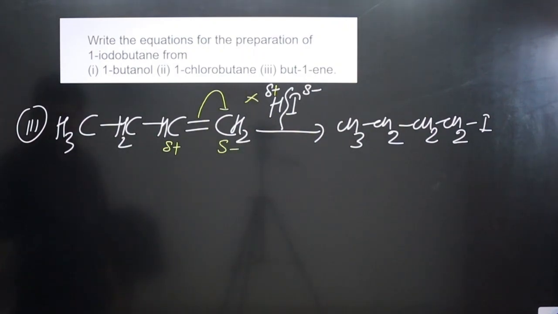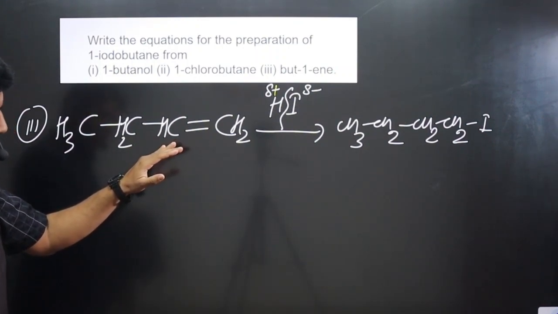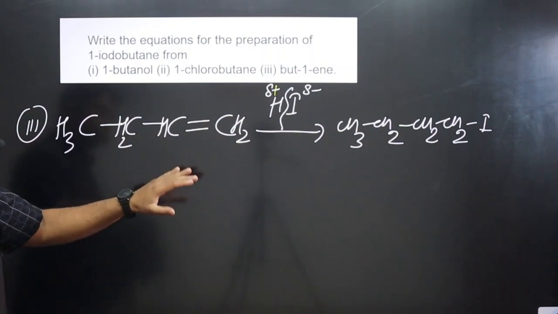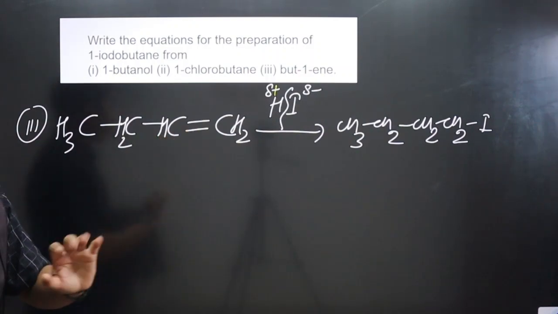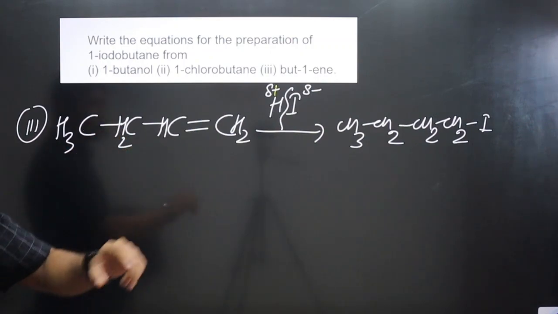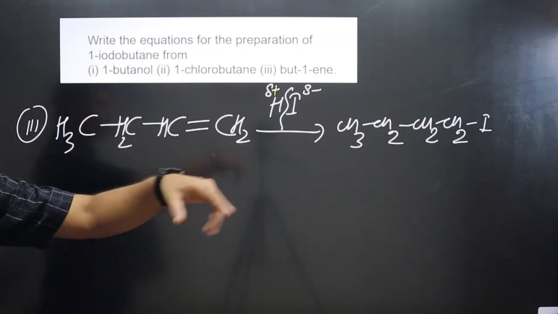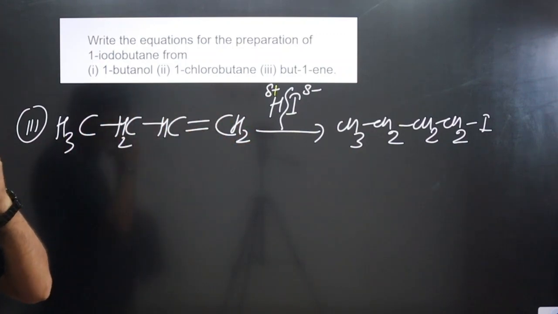So we do one thing in this case. First of all, we can produce 1-chlorobutane, and once I reach 1-chlorobutane, from here by halogen exchange reaction we can get 1-iodobutane.